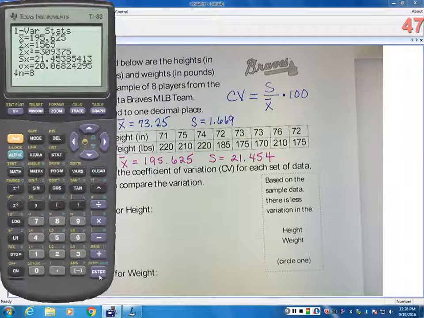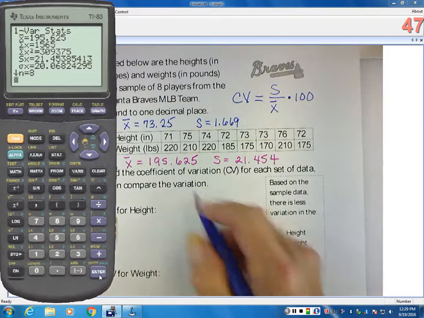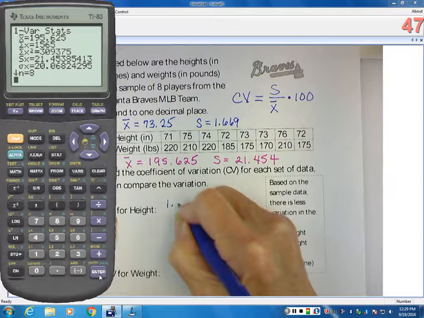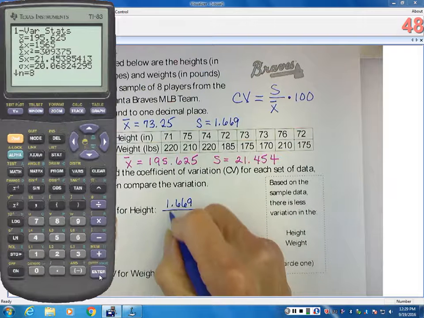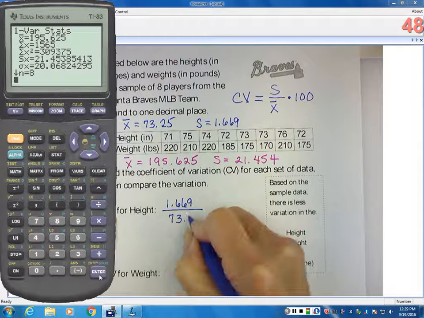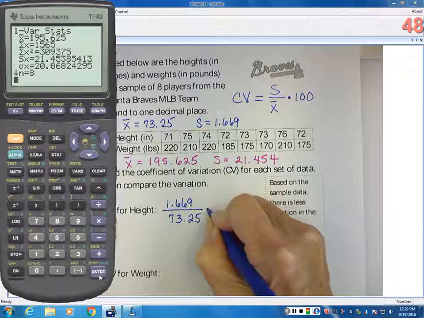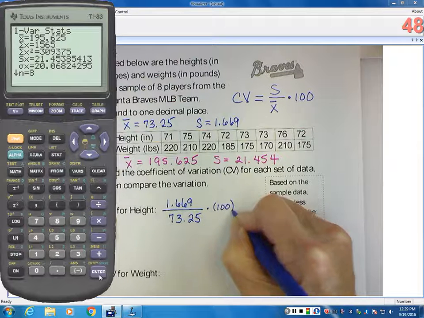It's the standard deviation divided by the mean and then multiplied by 100 to convert it into a percentage. Okay? So the coefficient of variation for the height is going to be 1.669 divided by 73.25. And then I'm going to multiply it by 100, so I'm going to move the decimal 2 places.